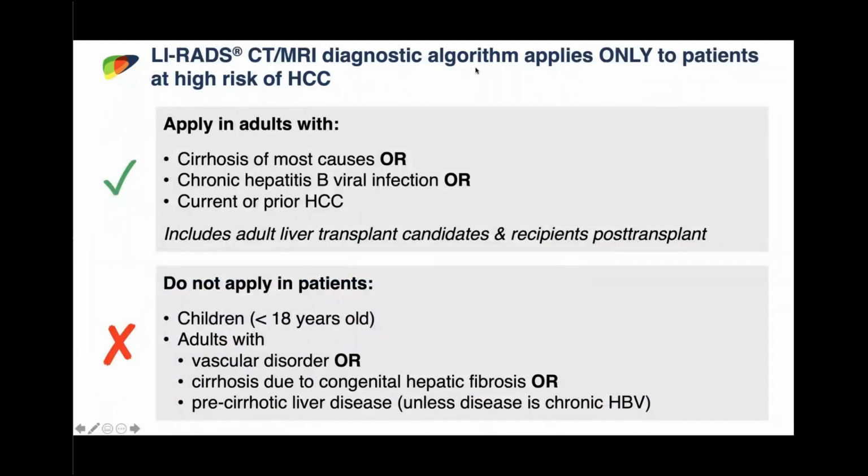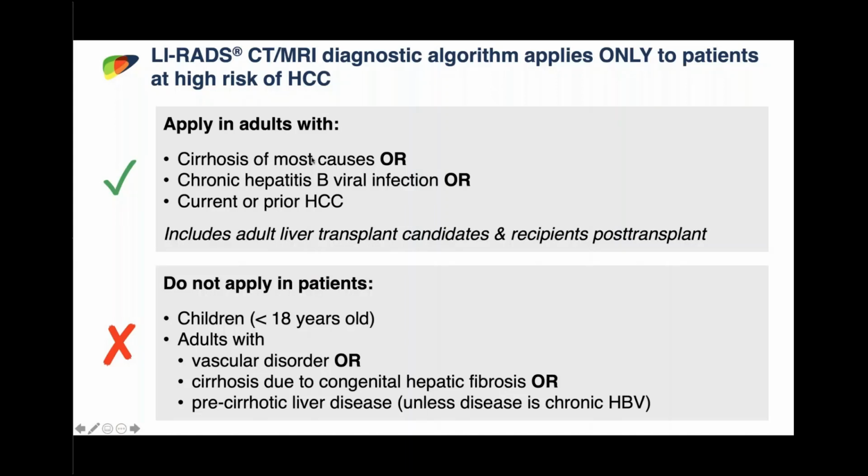So very important to understand that LI-RADS applies only to patients at high risk of HCC. And currently in the year 2020, we believe that that means patients with cirrhosis of most causes. So cirrhosis due to hepatitis B, cirrhosis due to hepatitis C, cirrhosis due to alcohol, cirrhosis due to obesity and fatty liver disease.